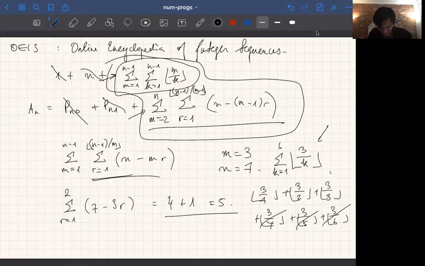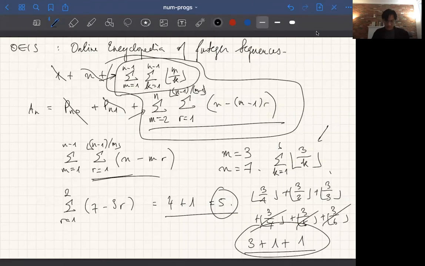And so you really just have 3 plus 1 plus 1, which is 5. So that's interesting. Not sure if we confirmed anything, but we didn't disprove anything. And so it seems possible that these two sums are actually the same because the inside sum is the same.